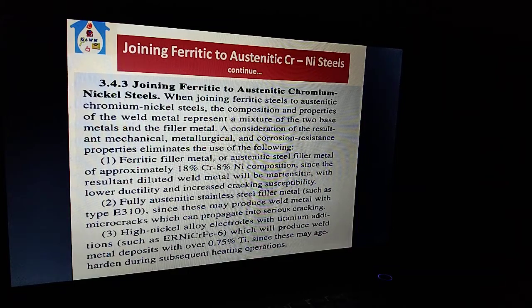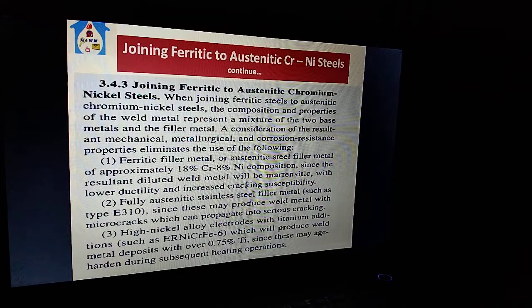A consideration of the resulting mechanical, metallurgical, and corrosion resistant properties eliminates the use of the following: ferritic filler metal or austenitic filler metal of approximately 18 chrome 8 nickel composition.